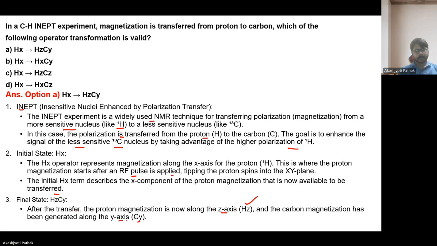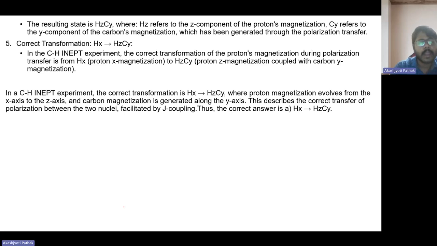Because of this transfer, the proton magnetization gets back to its original equilibrium position, and in turn it transfers its polarization to the carbon nuclei, so the carbon magnetization will be along the y-axis. Now the resulting state is HZCY.